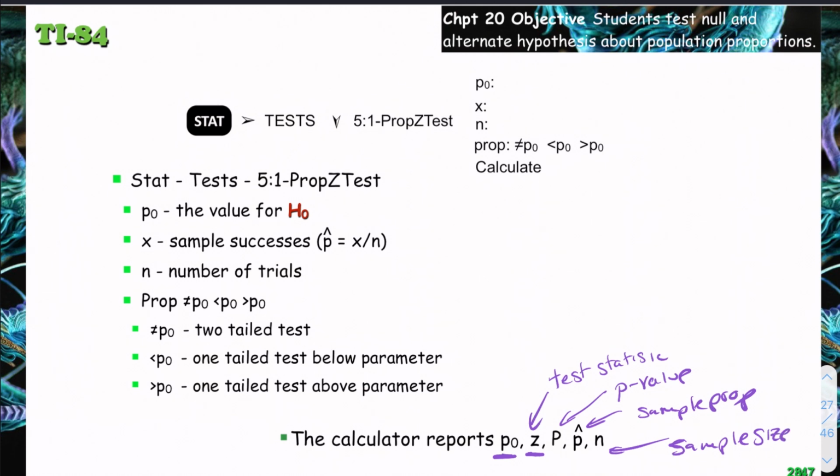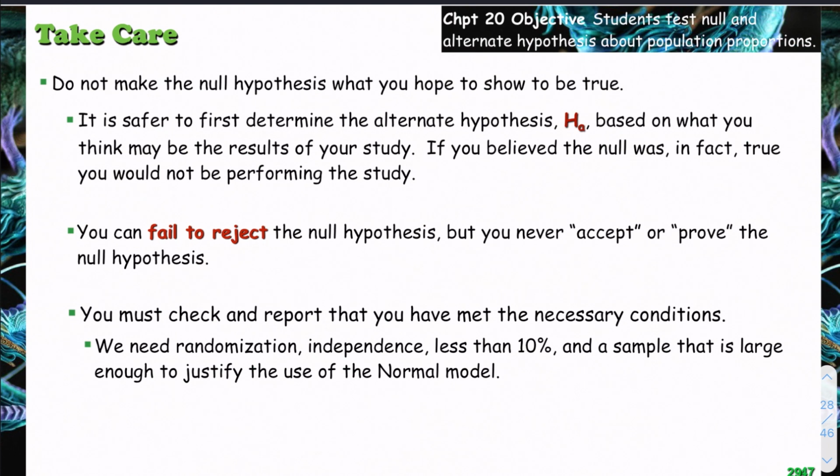I think this is everything we need to actually do the work. Now, I want you to think through this process because this is new. So next video, we are going to do one, if not two, examples with the calculator and everything.